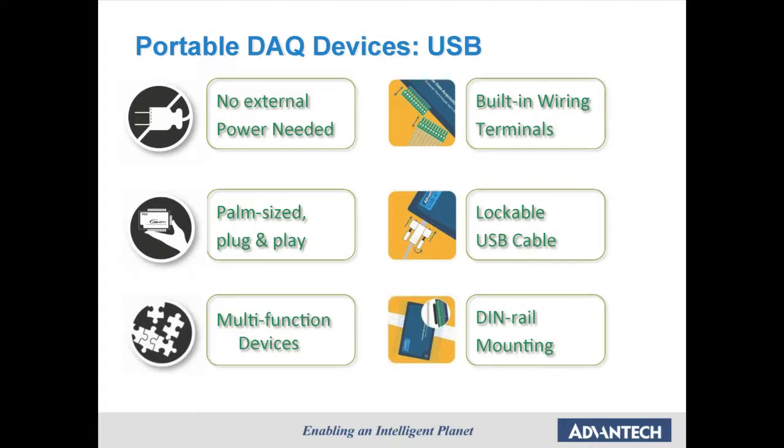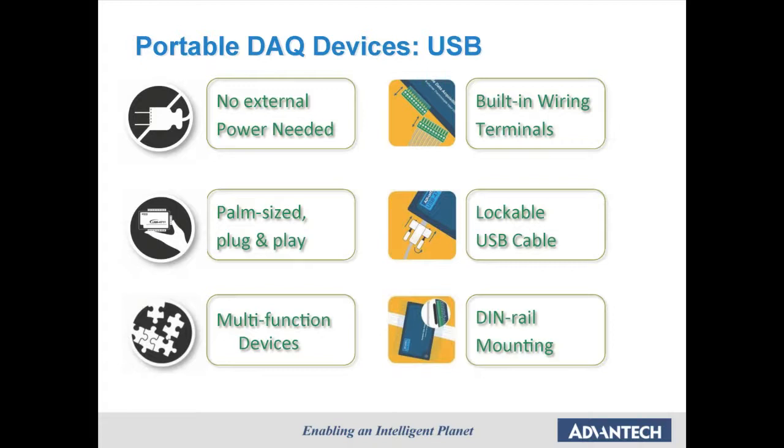Third is that Advantech offers a range of multifunction USB modules, so you can perform analog input, analog output, digital input, digital output, and counter functions from a single module. For signal wiring, you don't need external cables and terminal blocks, because the terminal blocks are already on the module.